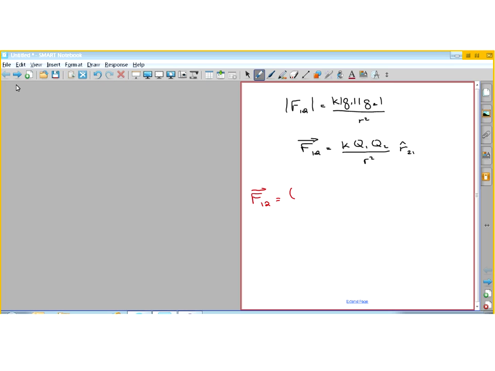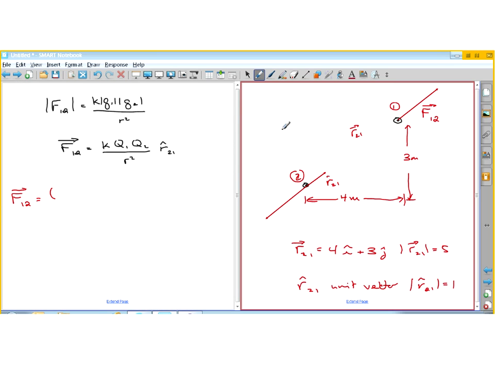the Coulomb's constant. Well, before we do that, let's give them some values here. So I'll say Q1 is 3.0 times 10 to the minus 6 coulombs, and that's Q1, which is this charge.